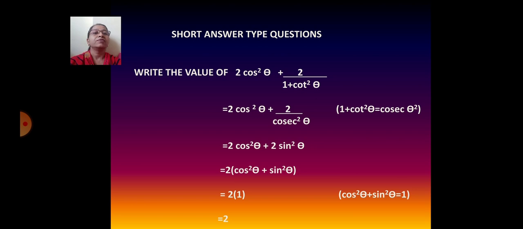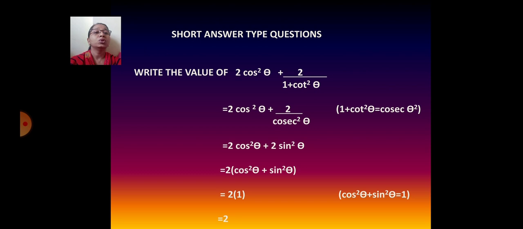Write the value of 2 cos square theta plus 2 upon 1 plus cot square theta. That is equal to 2 cos square theta plus 2 upon, now we have the identity 1 plus cot square theta is equal to cosec square theta, so you write the denominator as cosec square theta.